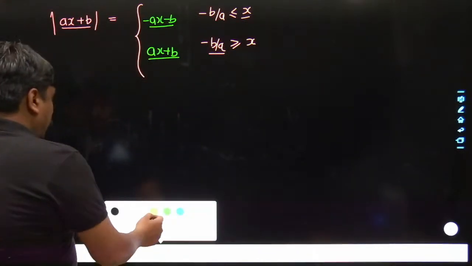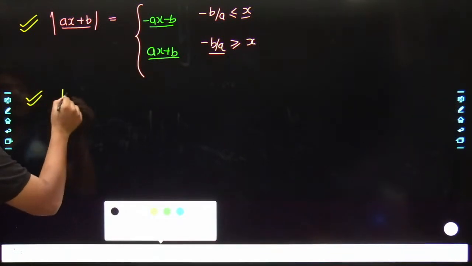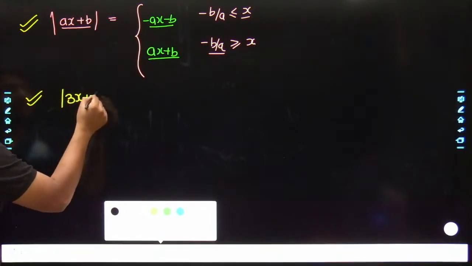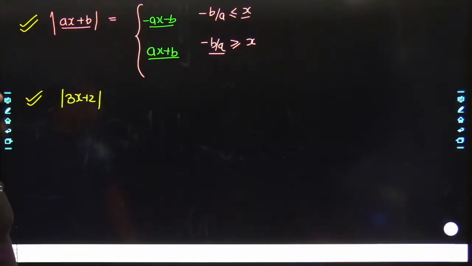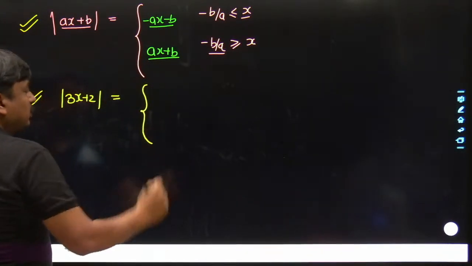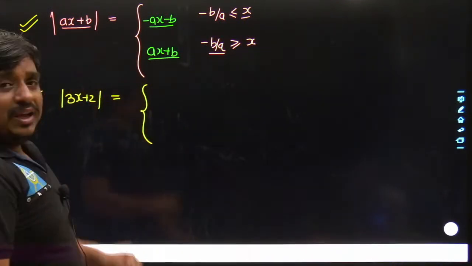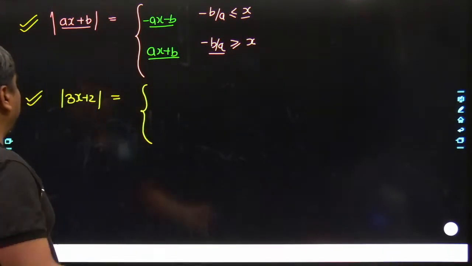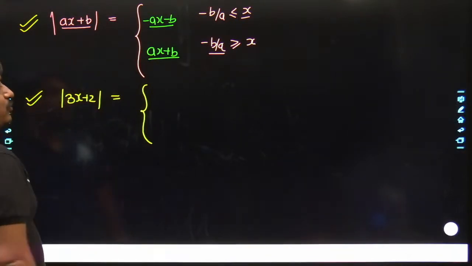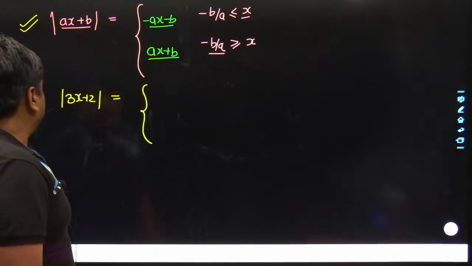So let me take a few more examples. I have taken a problem of mod of 3x plus 2. How can it be written into two different forms of straight lines? At the very beginning, we focus on its critical point. How will I get the critical point? 3x plus 2 has to be compared with 0. The 2 goes to the right hand side, becoming minus 2, and gets divided by 3.